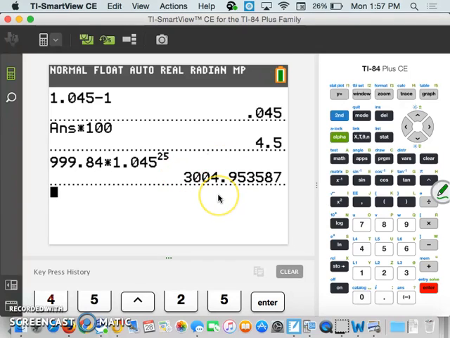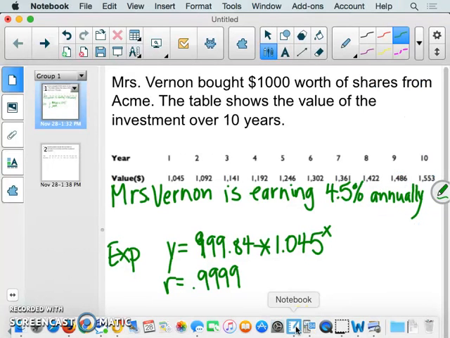$3,004.95. So rounded to the nearest dollar, Mrs. Vernon would have $3,005 after 25 years. And so we will just tack that on to the end of our sentence here.